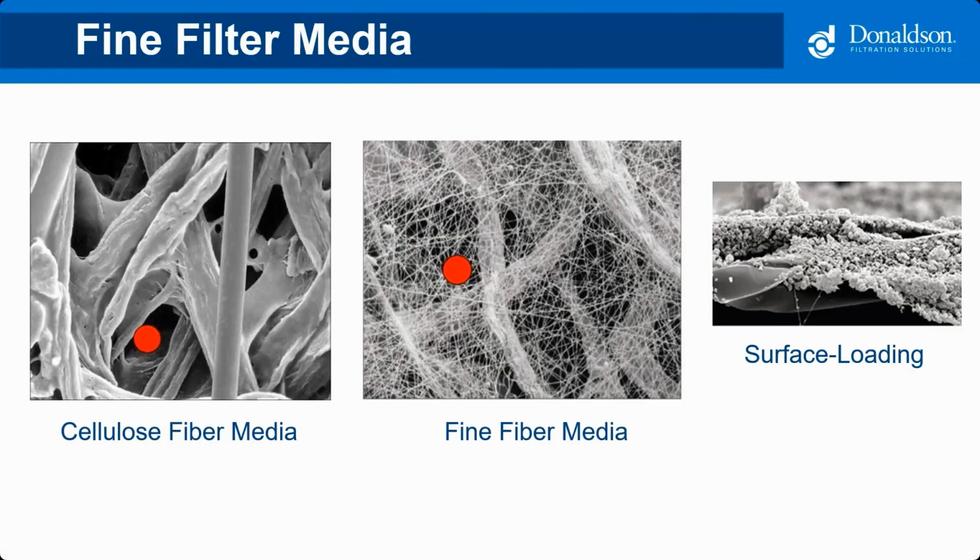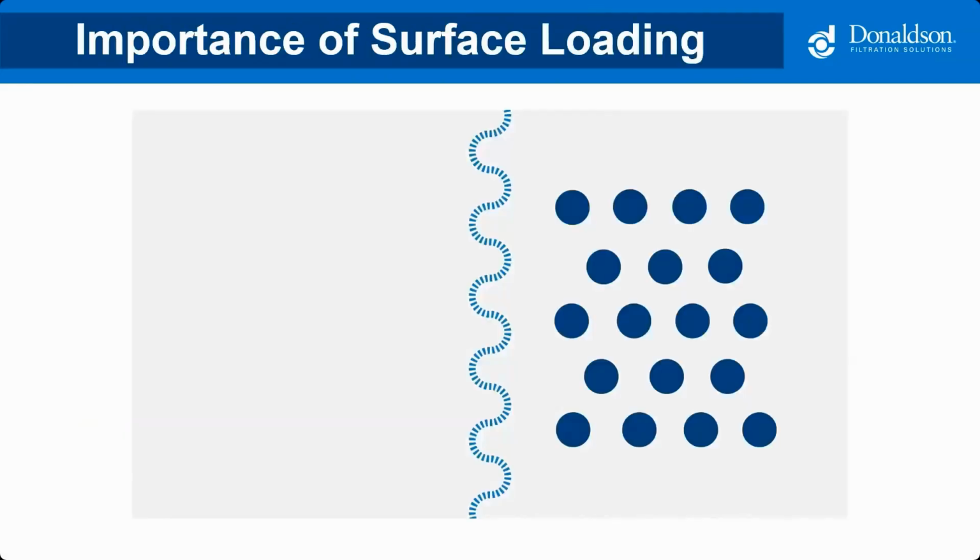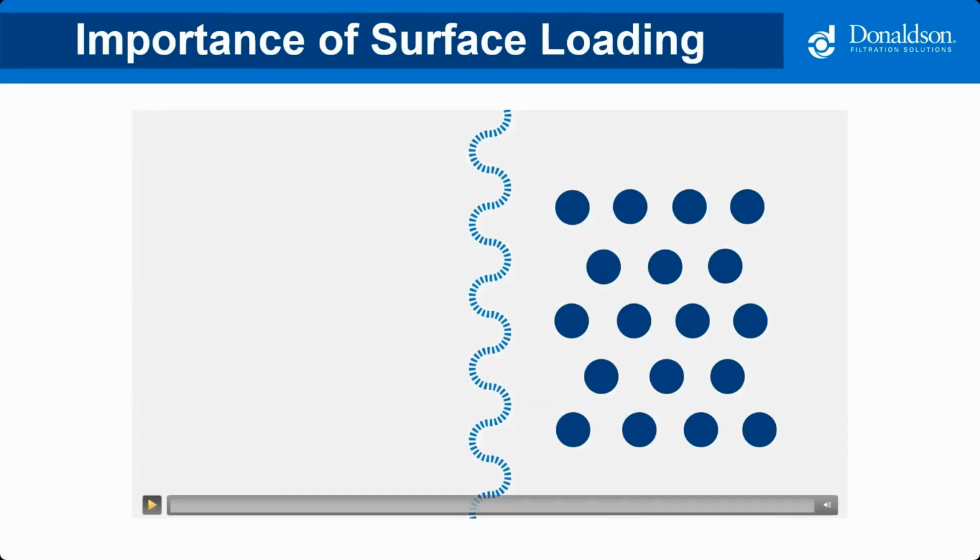However, if you look at the fine fiber media, you can see that the dust doesn't easily get beyond the surface. So this allows for surface loading of the filter. That improves the filtration and cleaning efficiency of the filter. Here's a little simulation, if I can get this to work, just to show what that looks like.